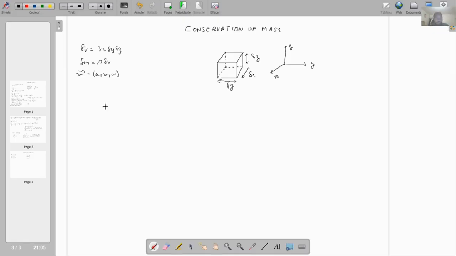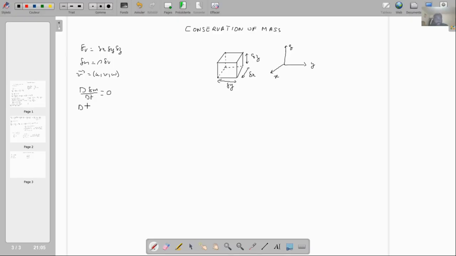So we can write d delta m over dt equals 0.